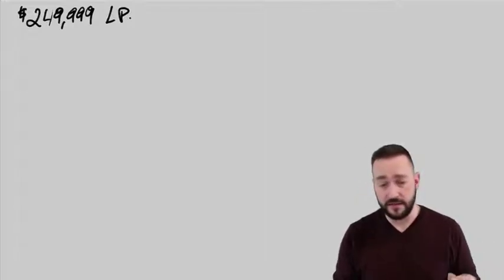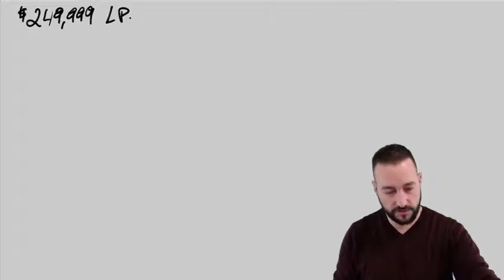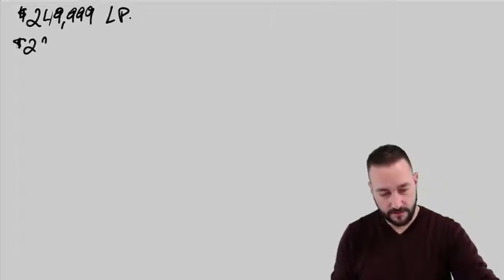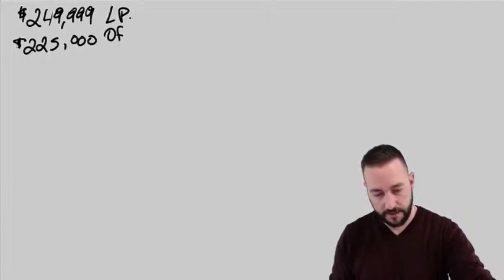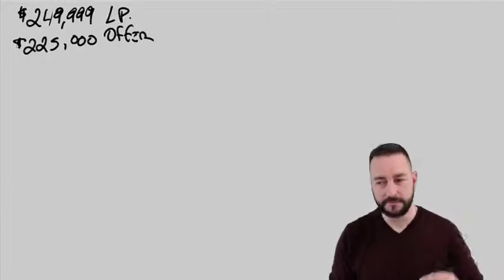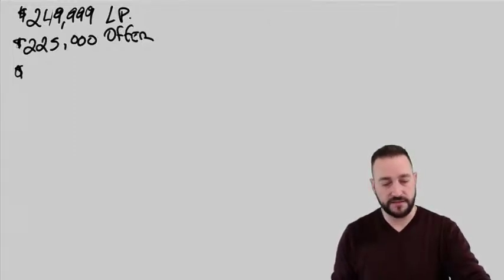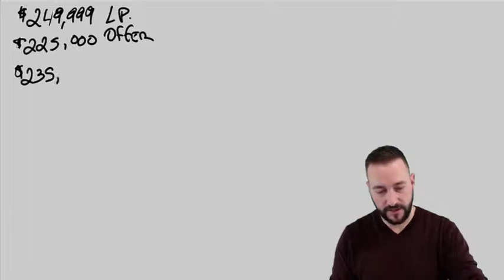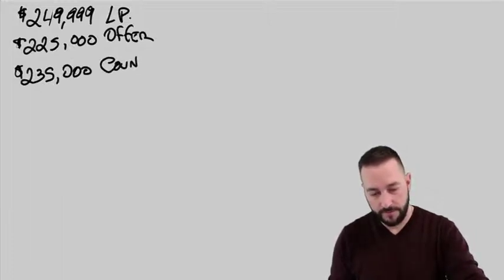The Smiths offered $225,000, and this is the offer. Okay. And the sellers decided $235,000 is the right number for me. Is it okay for you? So $235,000 was what we call a counter.